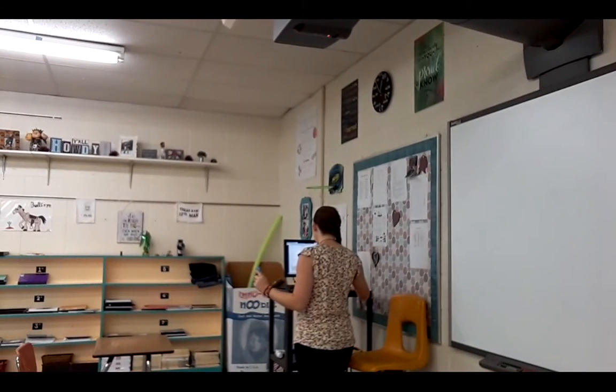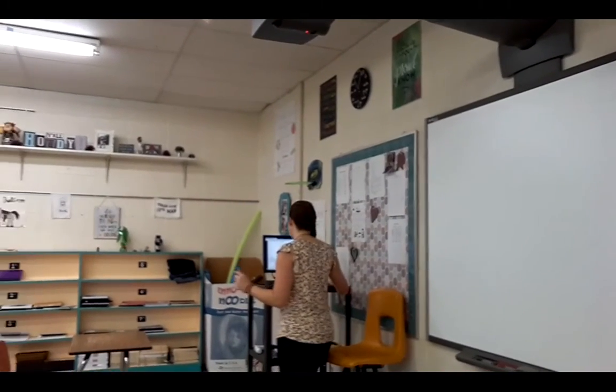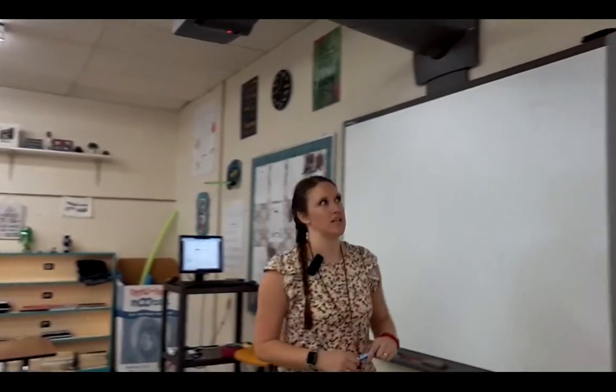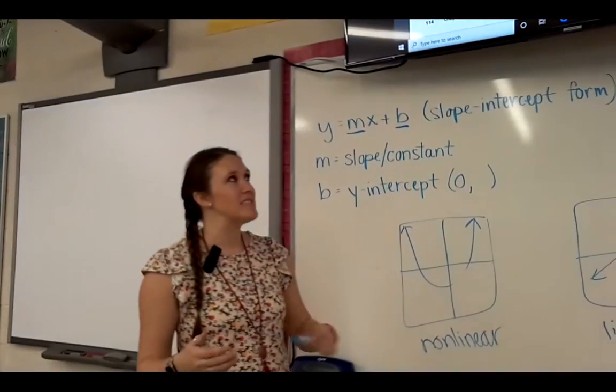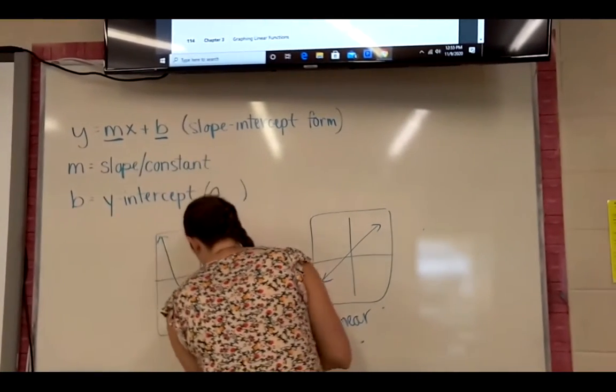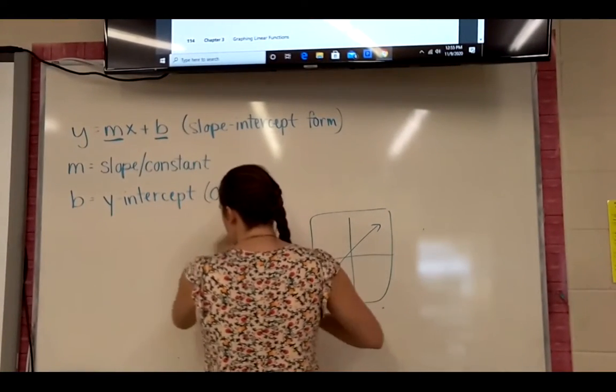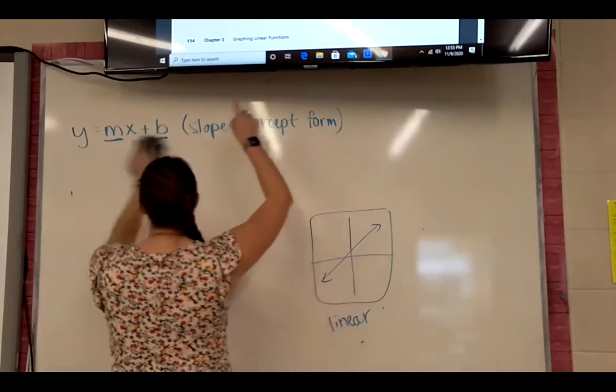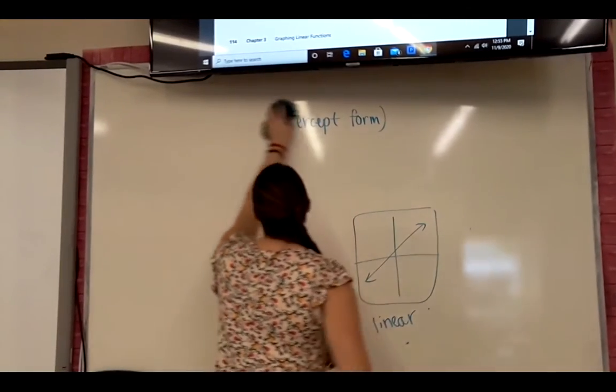Okay, so then we could look at a table. We can tell from a table whether it is linear or nonlinear. So what we have to do is we have to see if there is a pattern that repeats or if we can get a constant. So let me write. You can go ahead and write that first table down with me so you have one example of what it means.